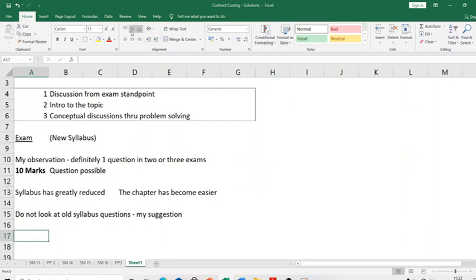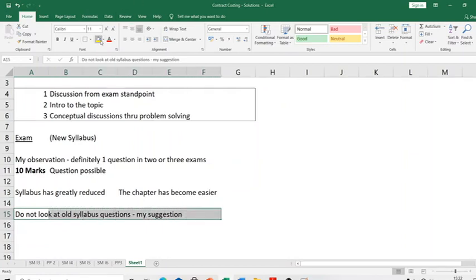Mainly because if you see an old syllabus exam question, you will find it testing you a lot more than what we cover in our lecture here. That's because we are not covering what is not part of the syllabus. So please do not look at old syllabus questions for exam preparation.